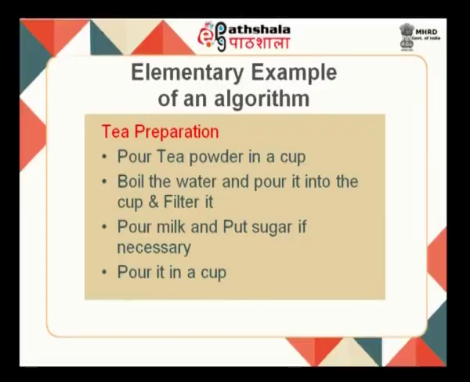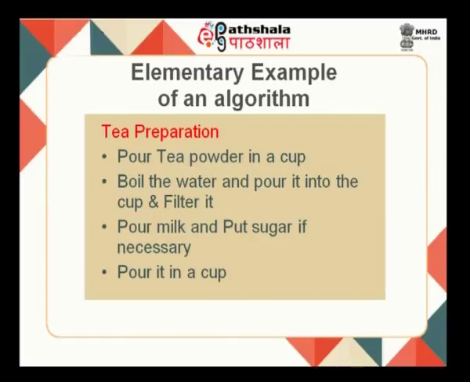In short, the tea preparation can be summarized as these steps. The first step is to pour tea powder in a cup, then boil the water, pour it into the cup, filter it, pour milk, put sugar if necessary, and pour it into the cup.